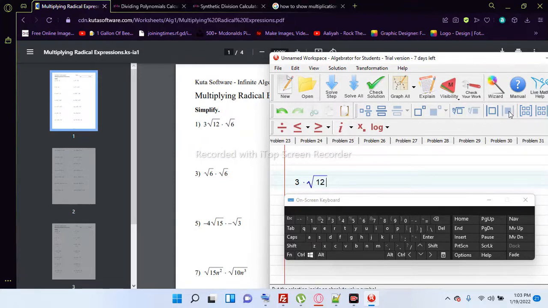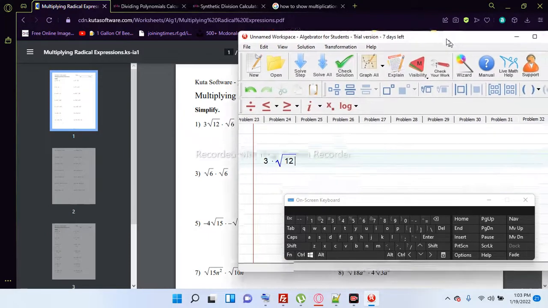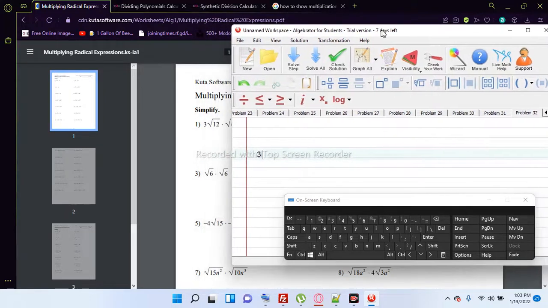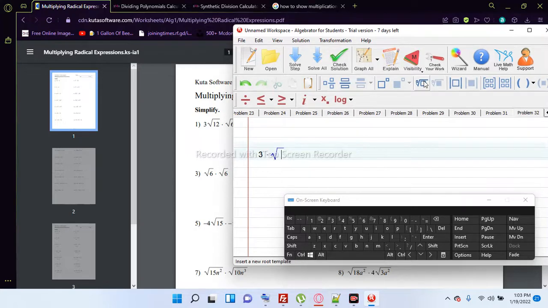Radical 12. Okay, maybe this is the multiplication sign here. Let's see. No, that ain't it. Log. No, that ain't it. So 3, radical sign 12. Okay, 3 radical sign 12.